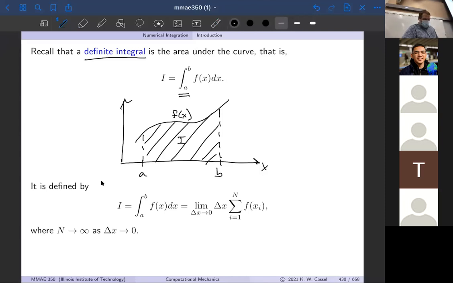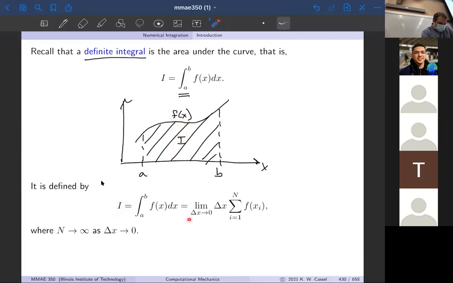So I know we're out of time, so I'll stop after this slide, just to complete the thought here. If you look back in your math class, the definition of the integral is the limit as delta x goes to 0 of delta x times the value of f at each x_i, summed up. That's the value of I. So what that means is you're taking increasingly small slivers, small delta x's, getting these little areas, and just adding them up.